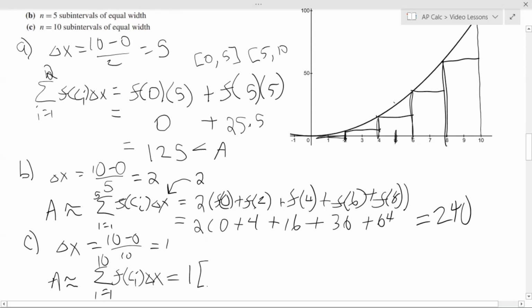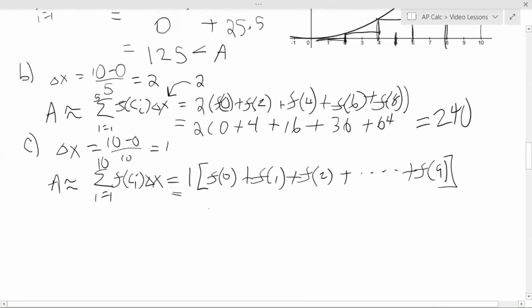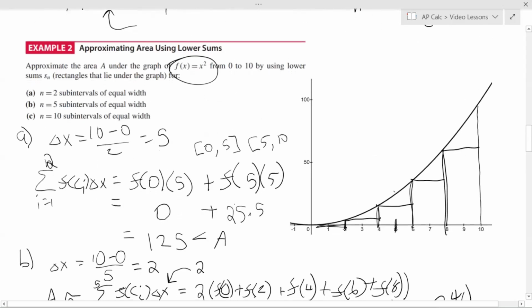So it's going to be 1 times f of 0 plus f of 1 plus f of 2 plus all the way up to f of 9. Don't do f of 10, because when you get to 9, that would be the left endpoint of your last and 10th subinterval. Okay. Now, this is going to add up to eventually 285. And again, it's still an under approximation, but I'm getting closer and closer and closer to the true area under the graph.